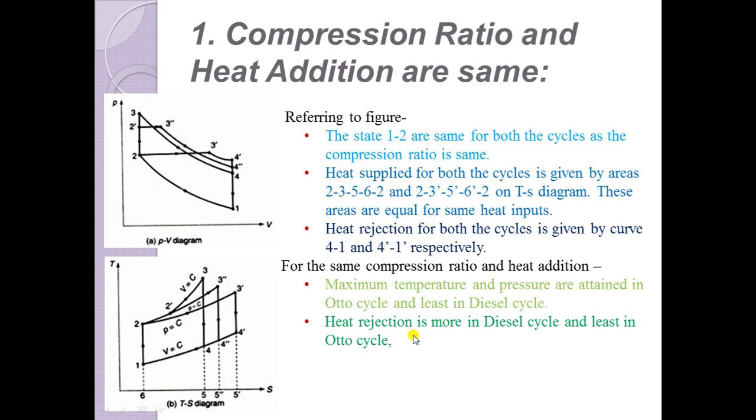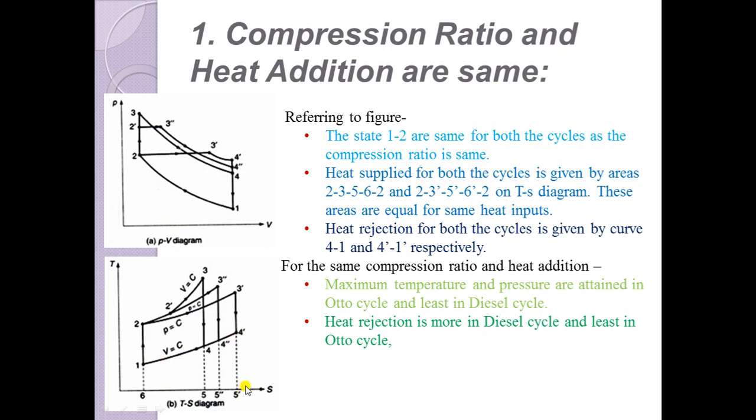The second observation is that heat rejection is more in diesel cycle and least in Otto cycle. Heat rejection takes place from point 4 to 1 in Otto cycle, 4 dash to 1 in diesel cycle.